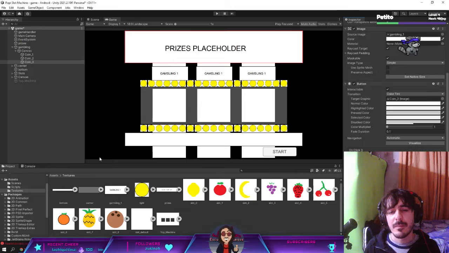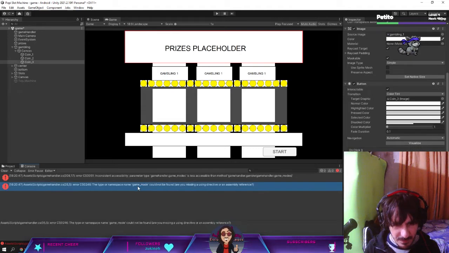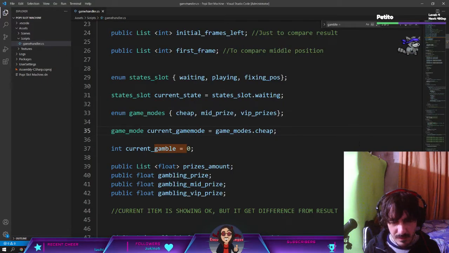I have to look at the debugger because sometimes I have bugs. The designer's game mode could not be found. Oh, it's called game modes.